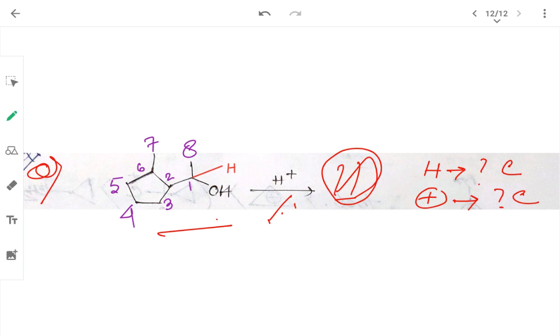My question is, this is a ring expansion case, and after ring expansion, to which carbon the H atom goes, and on which carbon the carbocation forms. This is your home task, and please solve it.